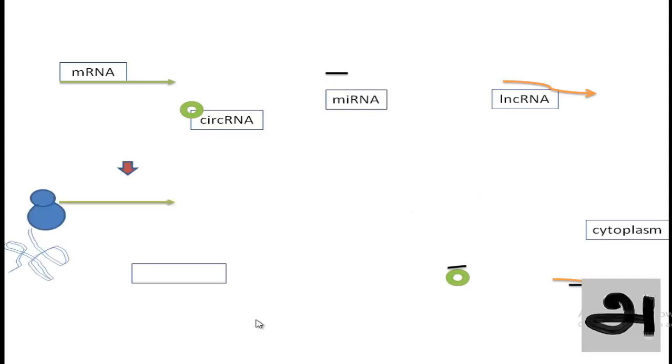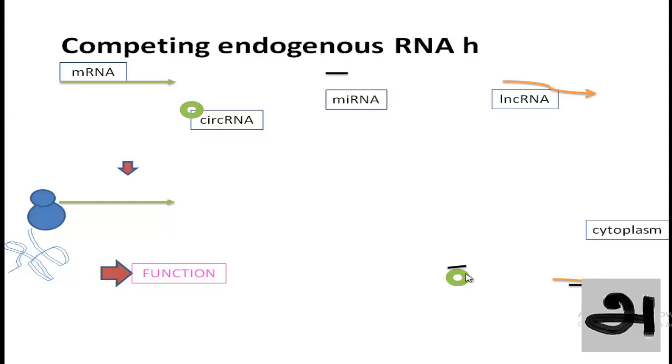So this particular messenger RNA participates in translation and can produce protein. Remember, due to this effect, we call these ceRNAs microRNA sponges. We refer to this phenomenon as the competing endogenous RNA hypothesis.